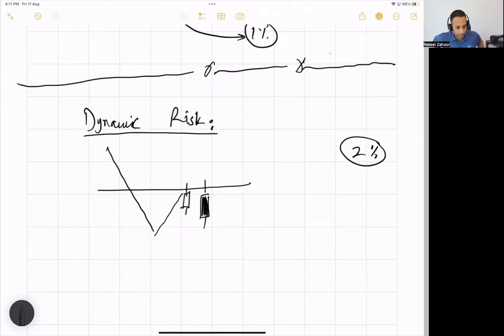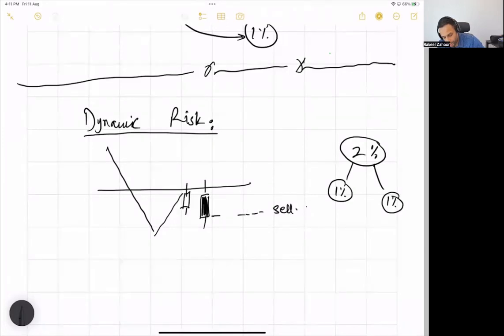So when you have a bearish candle formed, now you're thinking, okay, I'm going to take a sell over here, but instead of using my complete 2% risk, I want to break this down into two 1% risks. Make sense? So as soon as the new candle starts, you're focusing on a sell and you're using 1% risk at this point, and now you're anticipating the next candle to move down.